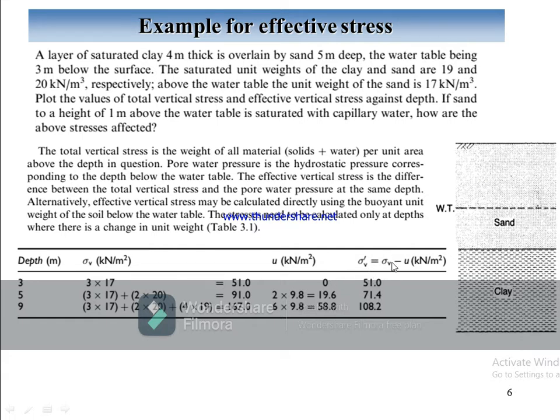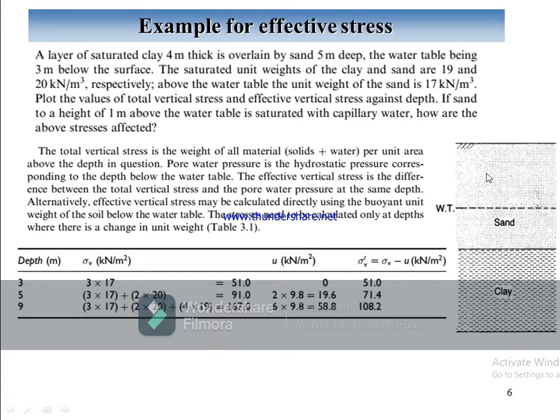So we can use the formula to find the effective stress, which becomes 51 minus 0, equal to 51. Now come toward that point, at 5 meter, we want to find the stresses at that point. So 3 multiplied by 17 plus 2 multiplied by 20 to find the total stress is equal to 91.